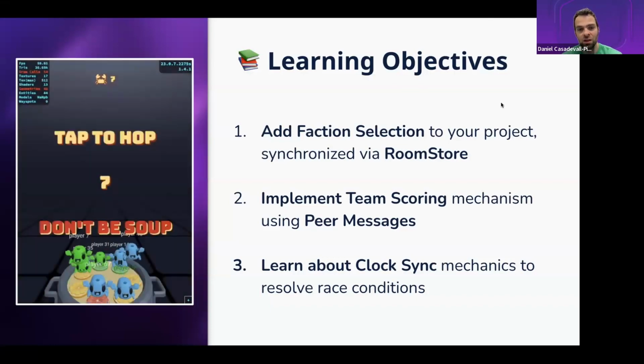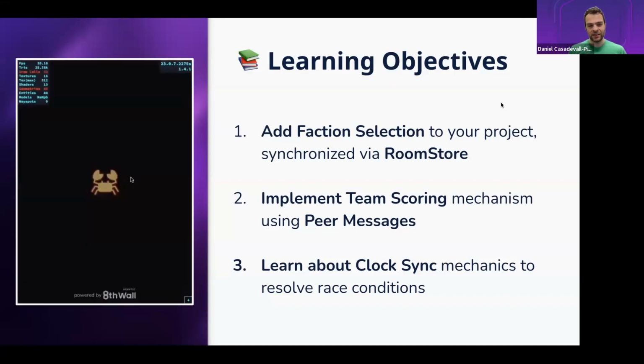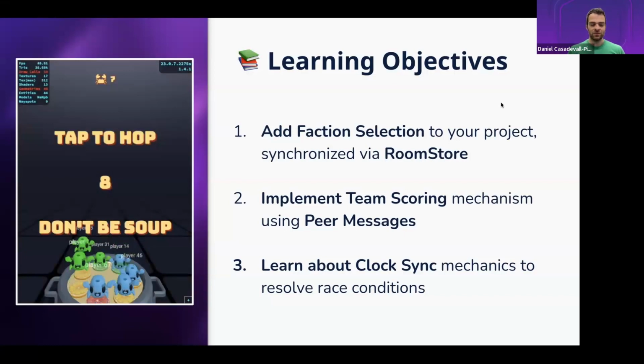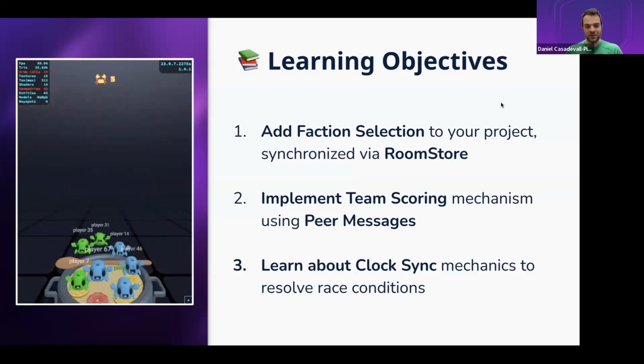We'll do 3 main objectives. 1, learn about the room store or data store, room data, by adding the Ingress faction selection to your project. So we're going to add some Ingress flavoring to this. We're going to change the scoring so that instead of it being last crab standing, it's going to be a team game. So it's going to be Ingress Resistance versus Enlightened, and the team that has crabs remaining wins before the other one.